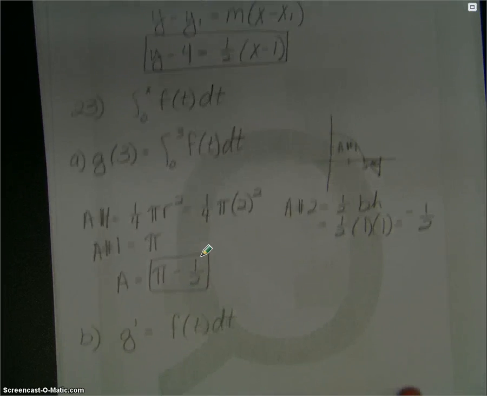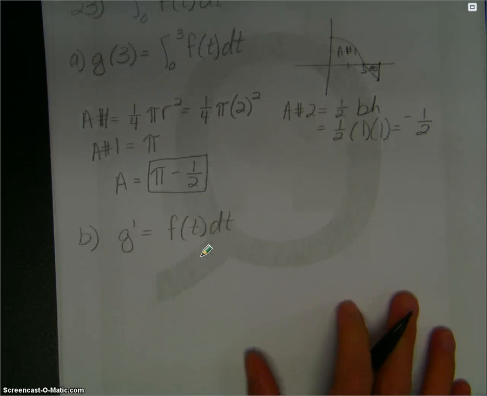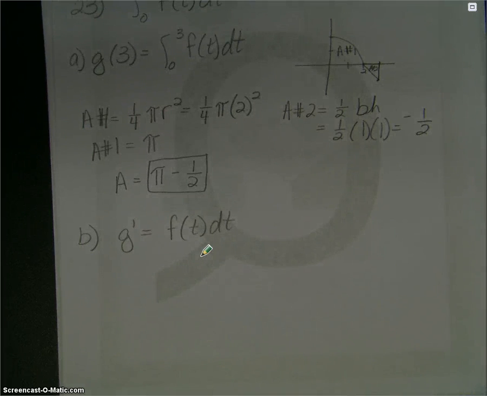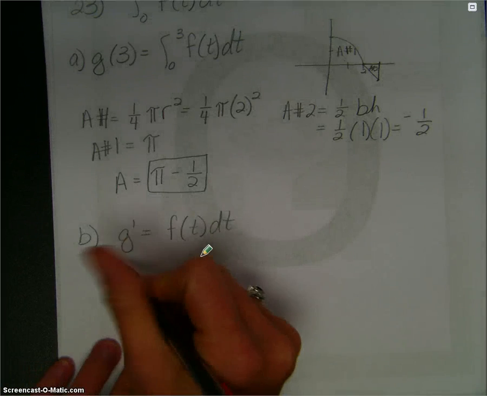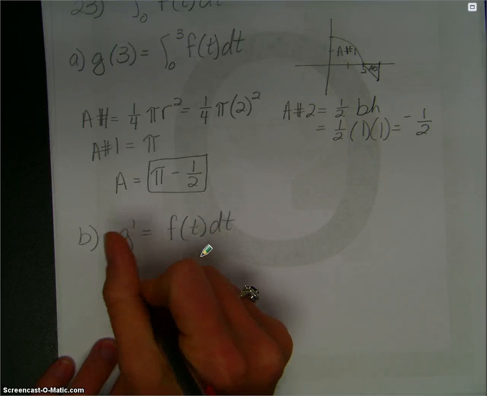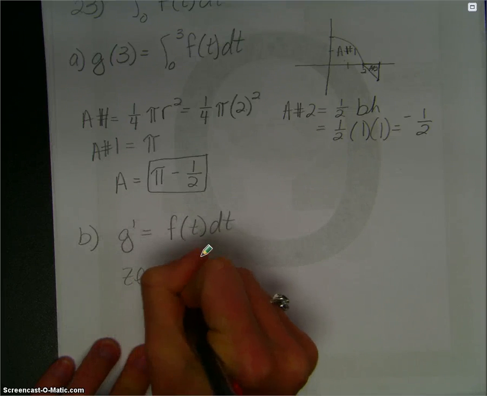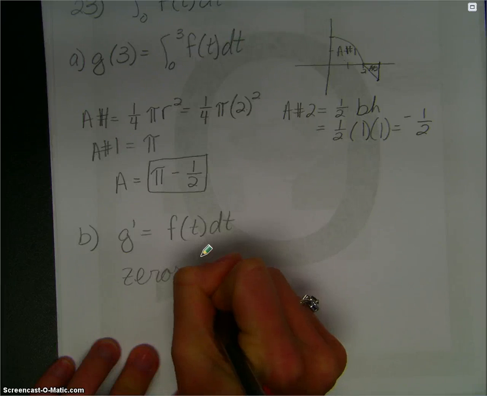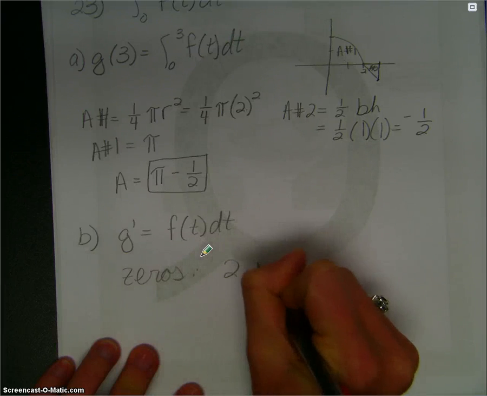Okay, so the graph that we are given is the graph of the first derivative. Okay, so I know that this thing is going to have critical points or maxima and minima when I have zeros on my graph. Okay, so my zeros on my graph are occurring at 2 and at 4.